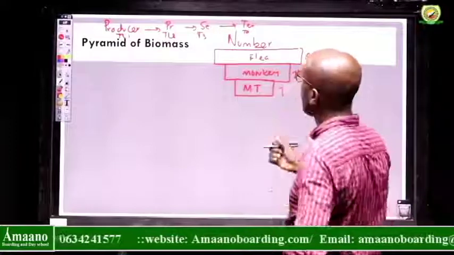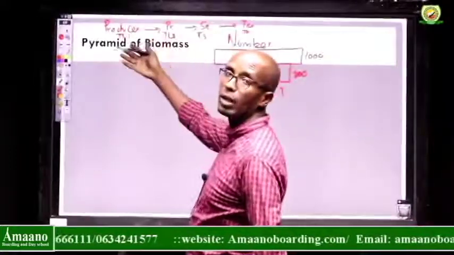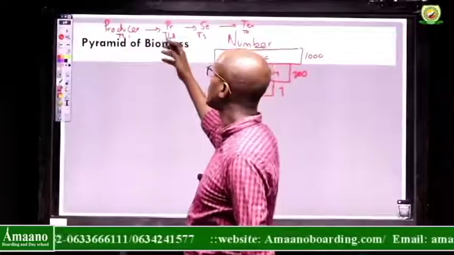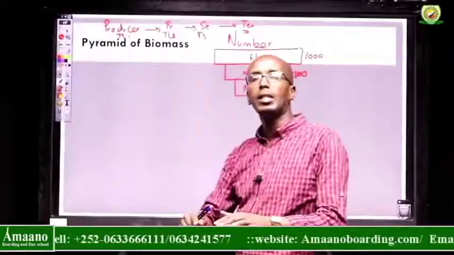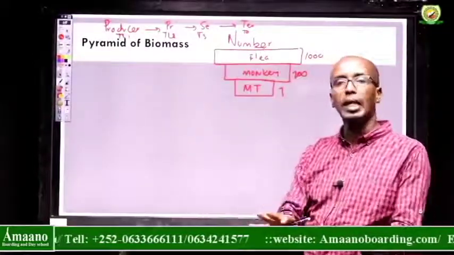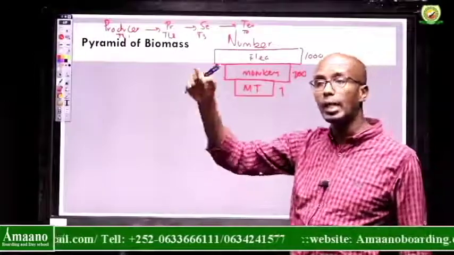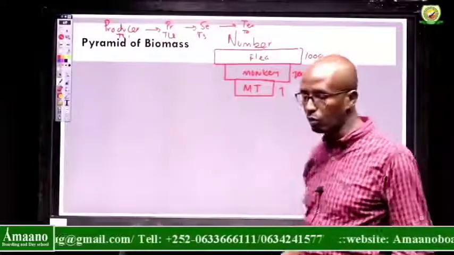If you have a rabbit, you are simply saying a rabbit feeds on grass. If you have an elephant, we are saying an elephant feeds on grass. So we're just making the elephant and the rabbit the same, because we are just counting the number of organisms, regardless of the size or type of the organism.